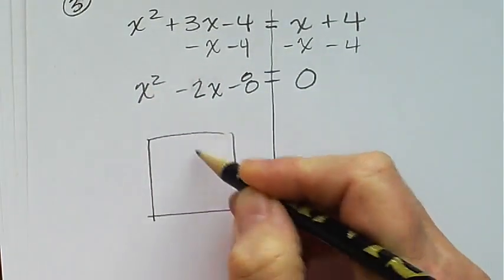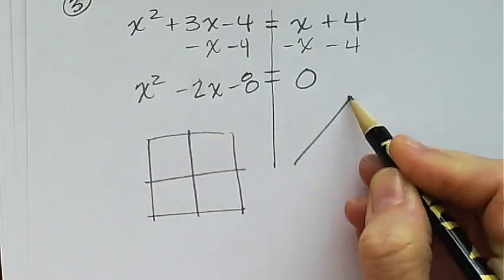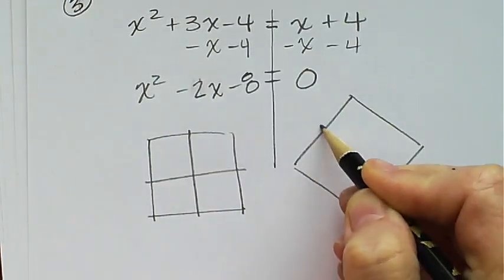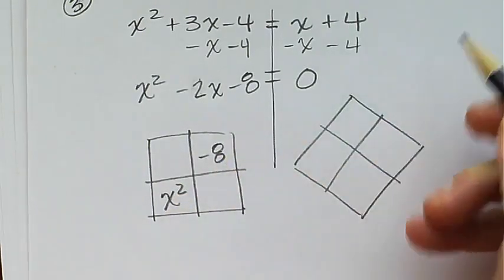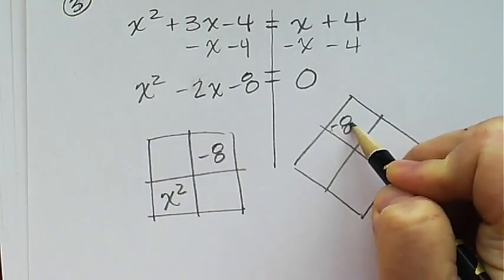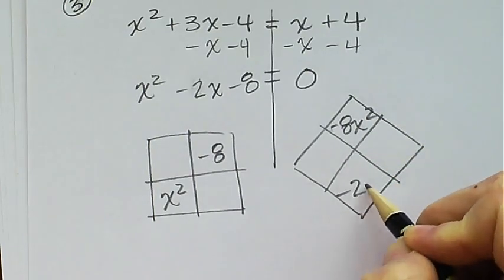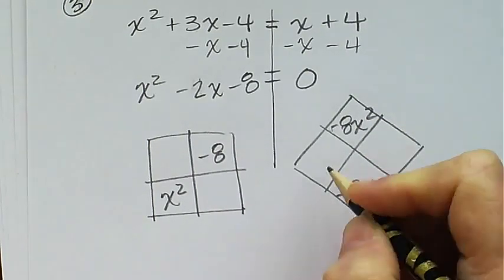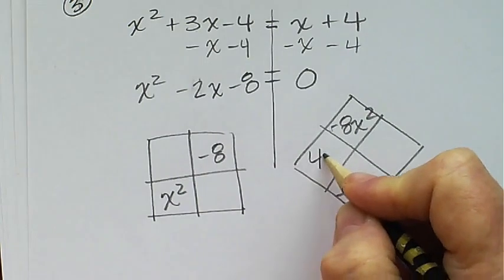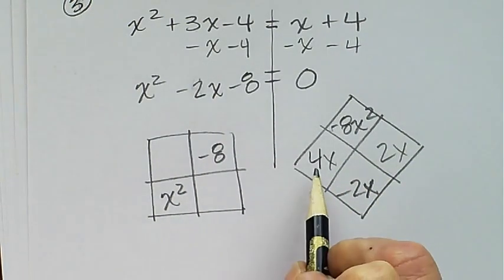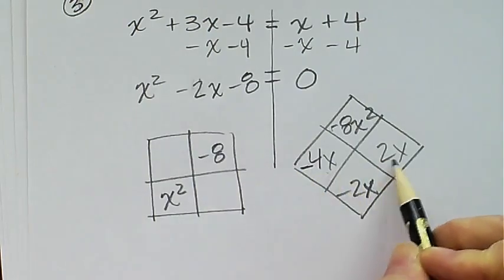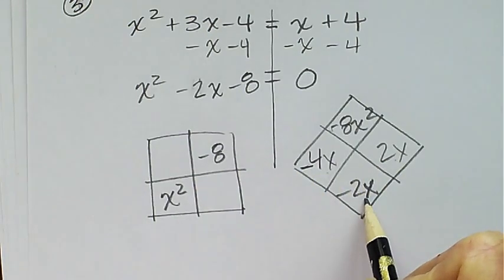I'm going to try factoring using area diamond. So I'm looking for factors of negative 8x squared that add up to negative 2x. So that would be 4x and 2x, and I want the 4 to be negative, so that when I add these two together I get a negative 2.